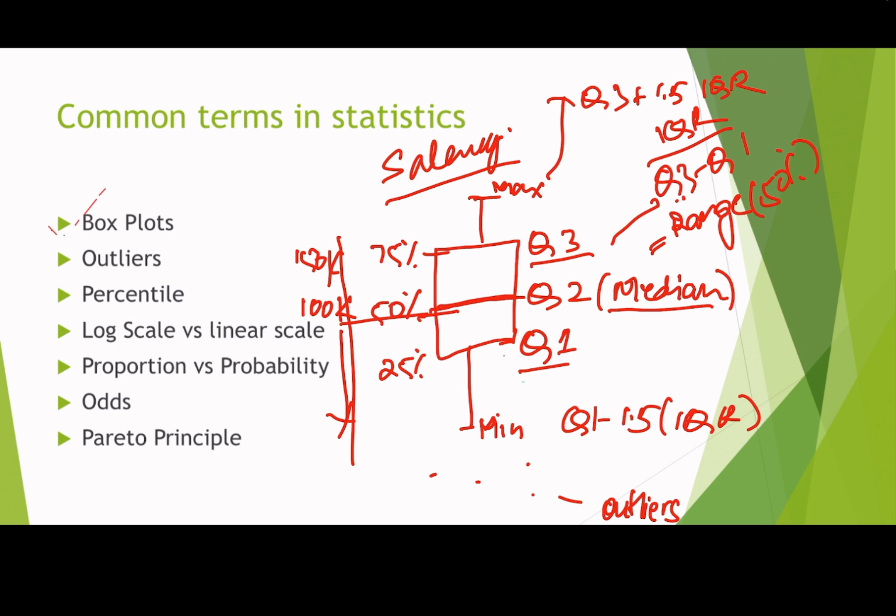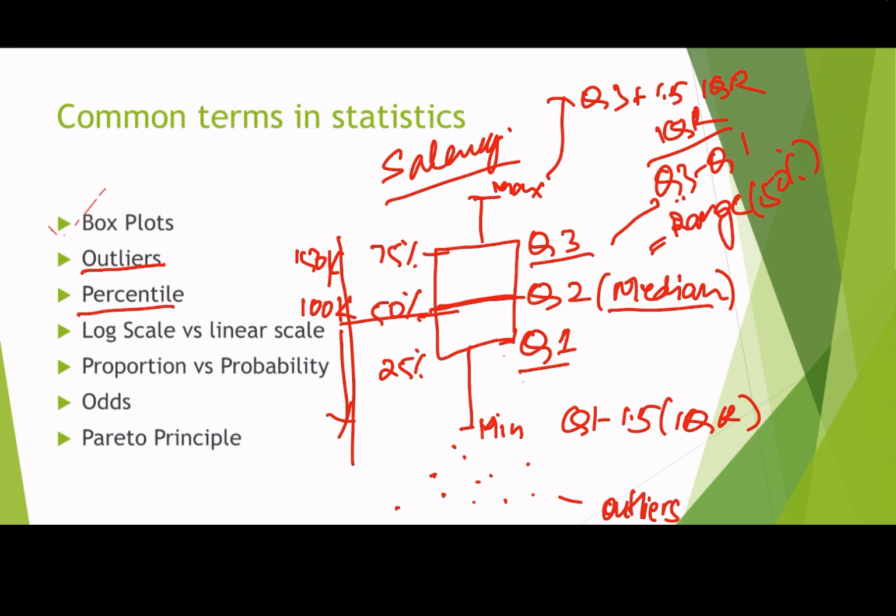The next is obviously outliers, and we've already touched upon the outliers, that anything outside this box plot will be outlier. In definition terms, any data point which is very far from the data points in this distribution, that is known as outlier.